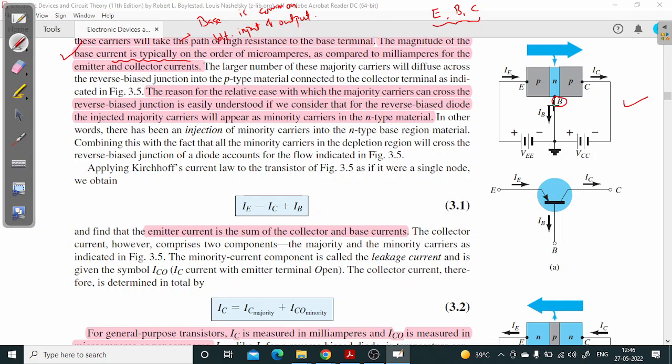So this base terminal, which is grounded, is commonly available for the input side as well as for the output side. This is the input side and this is the output side. If we look from the input or output side, we will see the base terminal in both cases. So this is the connection for a common base. This is common base.